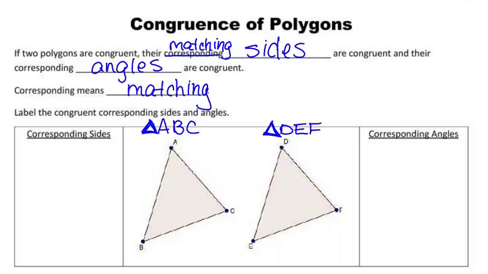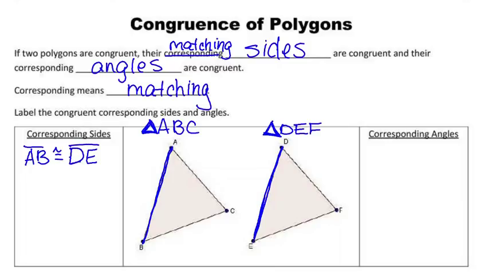The first thing that we're going to look at is, let's start with side AB. Side AB, which is right here, is a line segment. Line segment AB is going to be congruent to line segment DE. They are in the same spot. They're in the same location. So DE is congruent to AB.